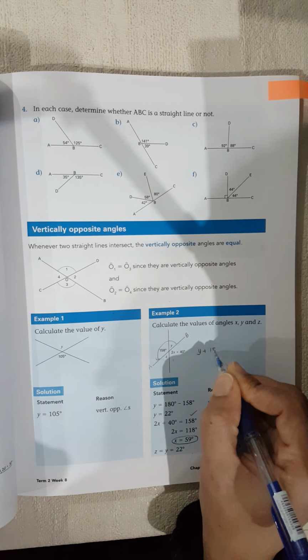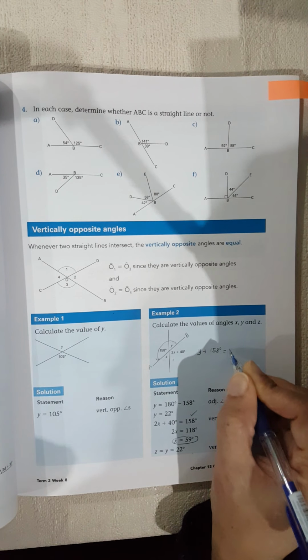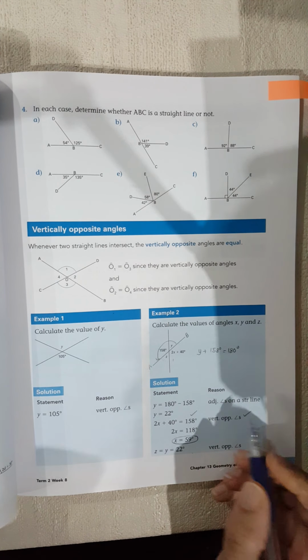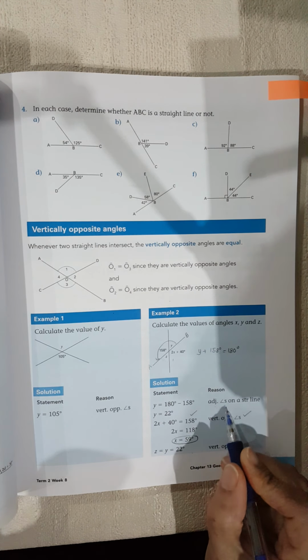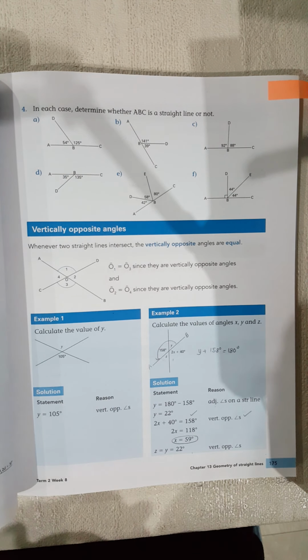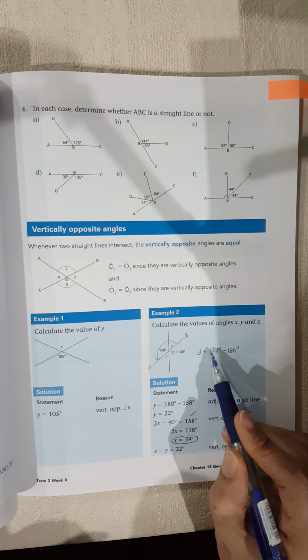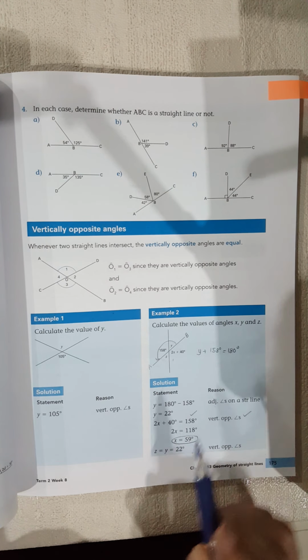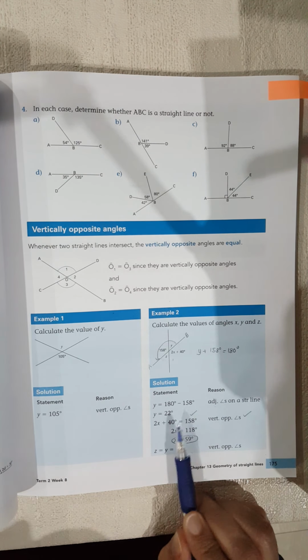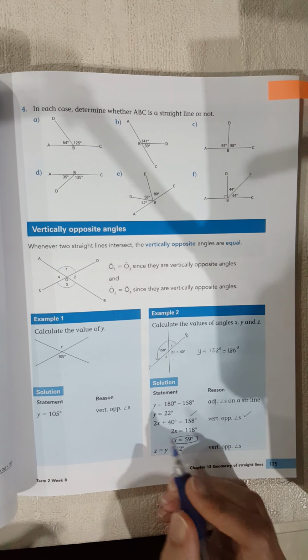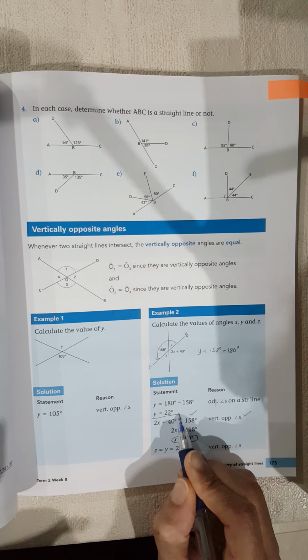So if we write the first step there, they jump the step. Y plus 158 degrees is equal to 180 degrees, and your reason would be adjacent angles on a straight line. Then you would solve for y, so you'll say y is equal to 180. You take that positive 158 to the other side, it becomes minus 158, and you're solving for y, and you're getting y equals 22 degrees.